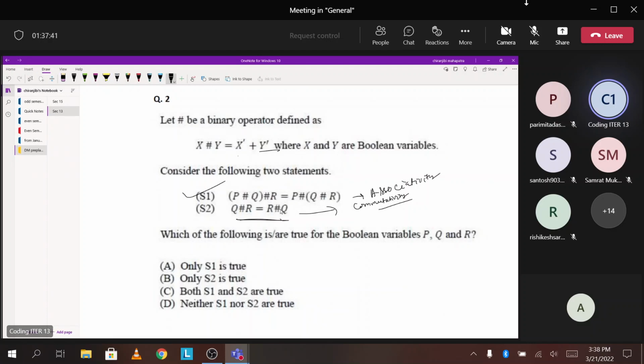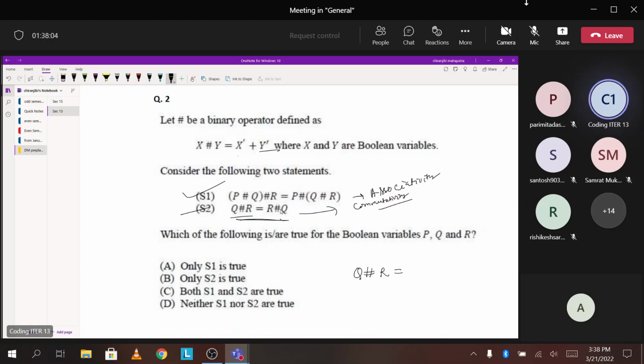Okay, so as you can see, this is x hash y, it is equals to x dash plus y dash, where x and y are boolean variables. Okay, so q hash r, let me see whether this is commutative or not. Okay, so what will the q hash r?